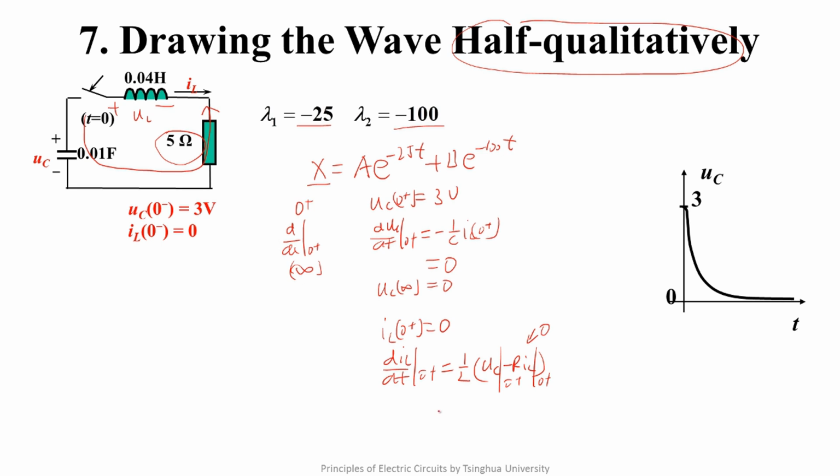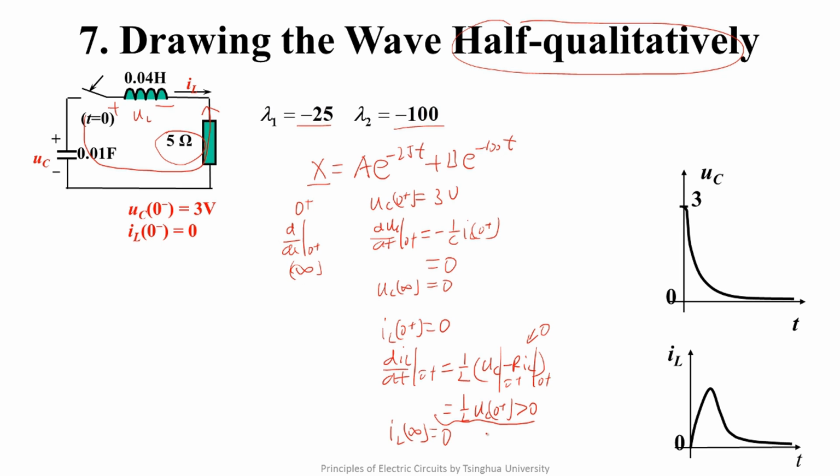Because iL(0+) equals 0, it is equal to 1 over L times uC(0+), which is greater than 0. Similarly, we also know that the steady state value of iL is 0. So for iL, it starts from 0, increases at first, and then decreases, eventually attenuating to 0. Its semi-qualitative waveform should be like this. You might as well use Multisim to verify the semi-qualitative waveform.